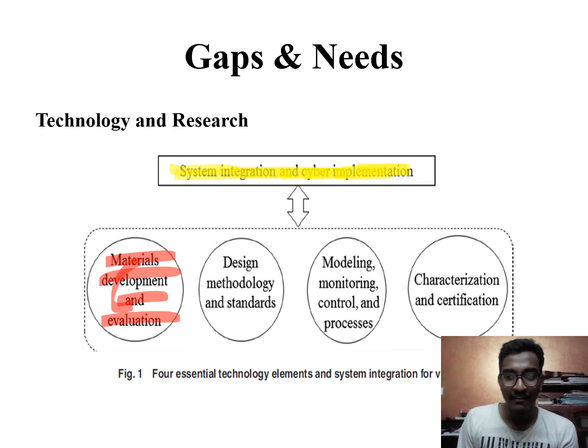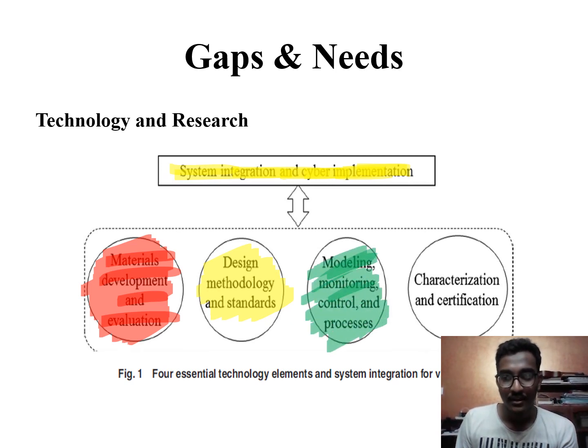Once the material is developed and evaluated, we will have a wider scope of how the material is going to work. The second thing is design methodology and standards. The third thing is modeling, monitoring, control, and processing. And the final thing is characterization and certification.